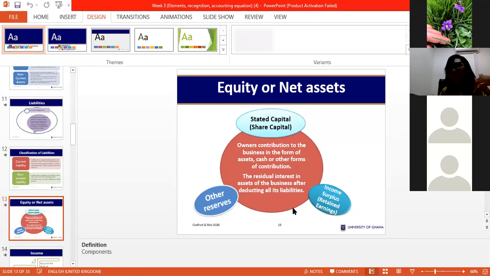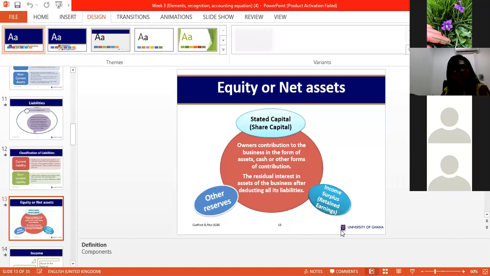Why? Because the business is owned by shareholders, and so everything after paying the liabilities, the obligations, should automatically go to shareholders. That is the idea, because shareholders or the owners brought in money to establish and to make the business functional.